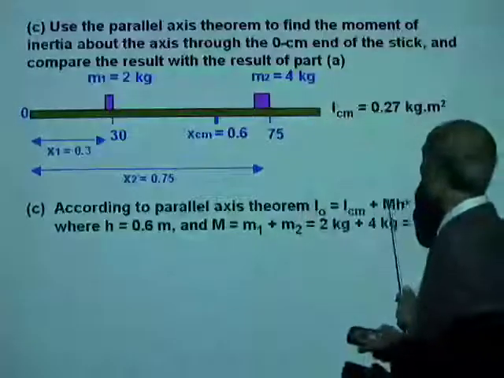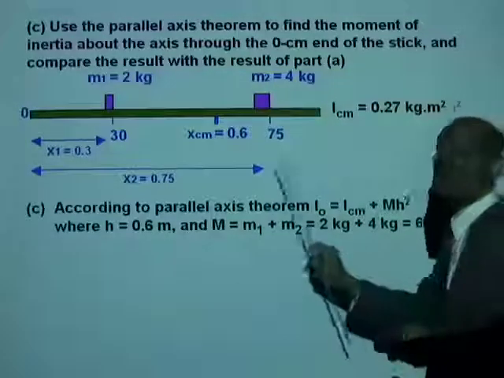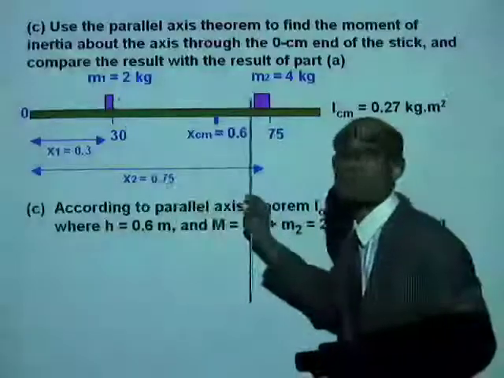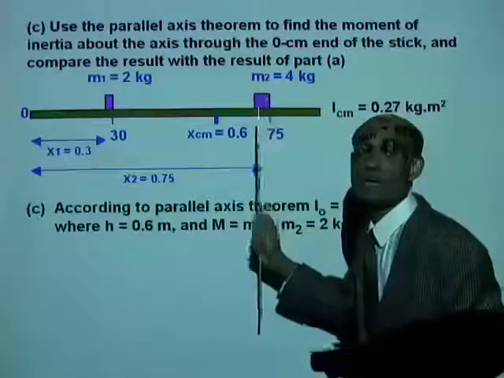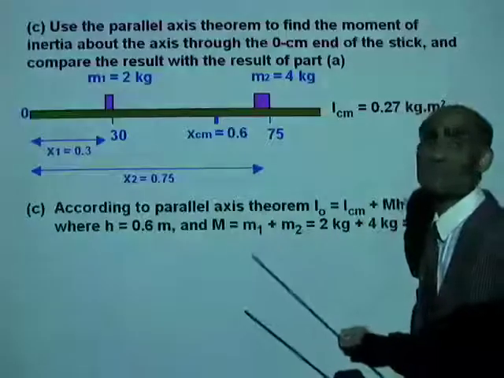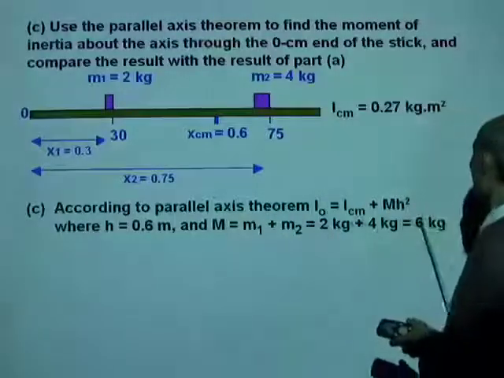And what does this M stand for? M is the total mass of the system, which is 2 kilogram plus 4 kilogram, that is 6 kilogram, isn't it?